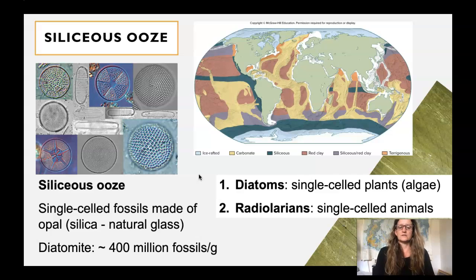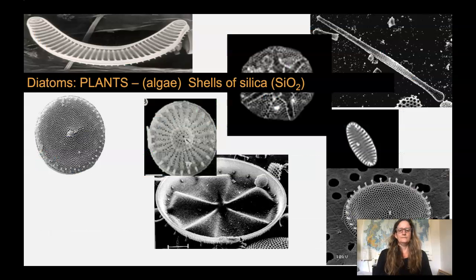Those are algae, and the radiolarians are the single-celled animals. These organisms can be really beautiful, so people make kind of art out of them. I'll show you that in a second. Silica is a glass, so they're single-cell fossils made out of opal or silica or natural glass.